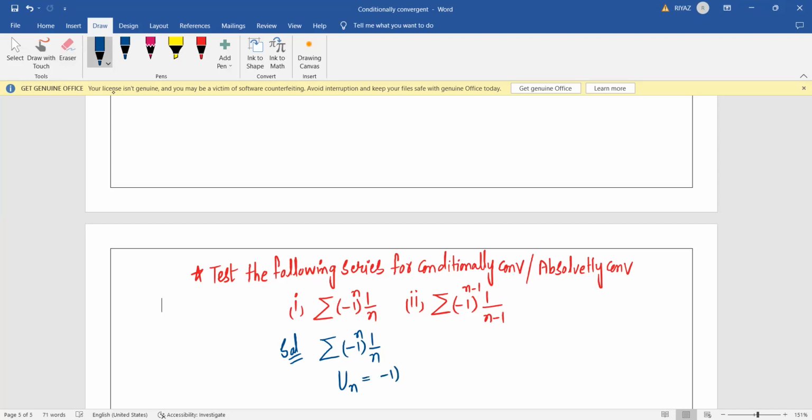(-1)^n... I'm sorry, here it is root, 1 by root n, not like that.